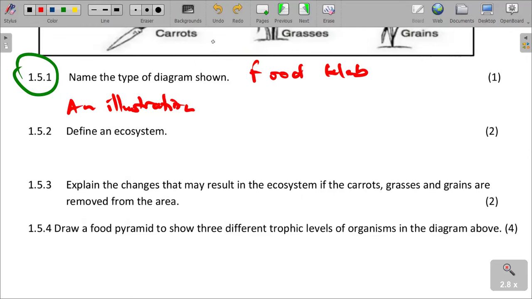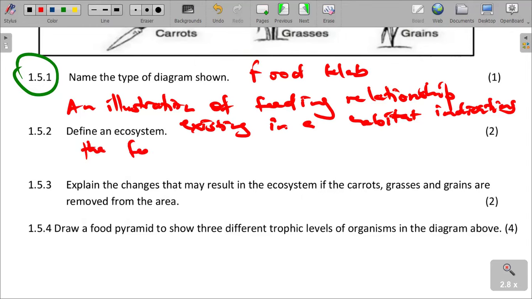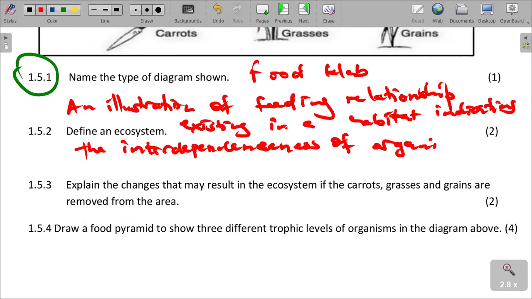It's an illustration of feeding relationships that exist in a habitat, indicating the interdependence of organisms.